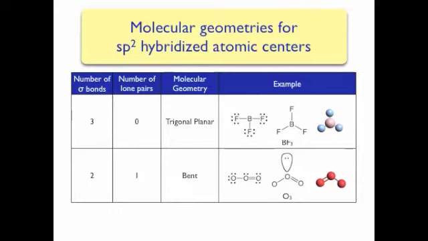The lone pair will occupy one of the hybrid orbitals, while the others form sigma overlap with the two terminal oxygens. Although we can't see the lone pair in our ball stick model, we see its effect by the shape of the molecule.